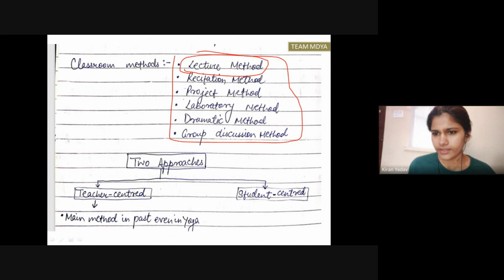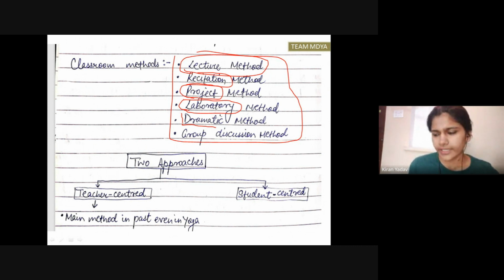So there is repetition in the recitation method, and next is the project method. The project can be prepared individually or in collaboration. And laboratory method, we all used to do experiments in our science lab if you're a science student. In the dramatic method, it involves role playing where the teacher assigns roles to students and then they play the role of a particular character and speak the dialogues.